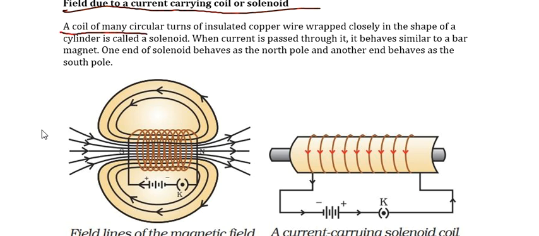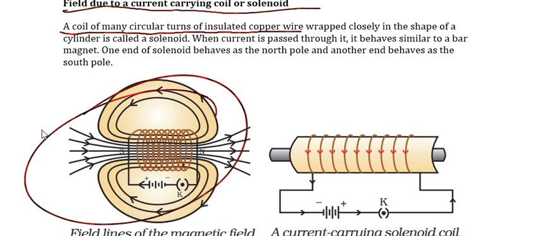A coil of many circular turns of insulated copper wire, closely wound in the shape of a cylinder, is called a solenoid. When current is passed through it, it behaves similar to a bar magnet.